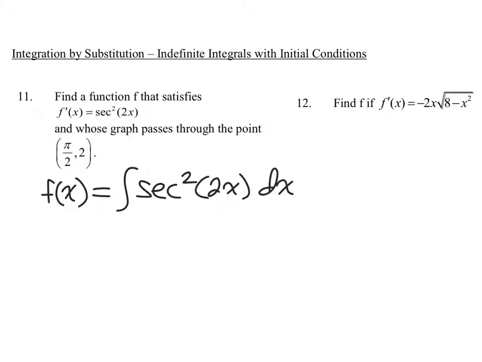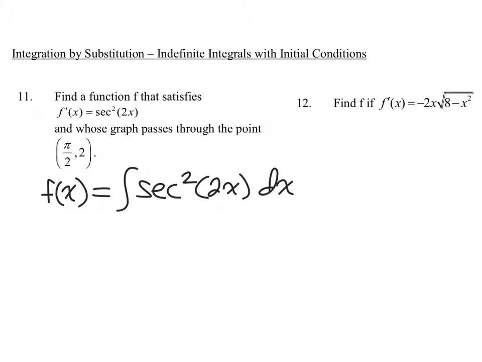Now you look at this one and say, what do I do? Do I let secant be my u? Do I let secant of 2x be the u? It's really dealer's choice when deciding initially. But this goes back to what I was talking about before. If you know your rules, then you're already ahead of the game.